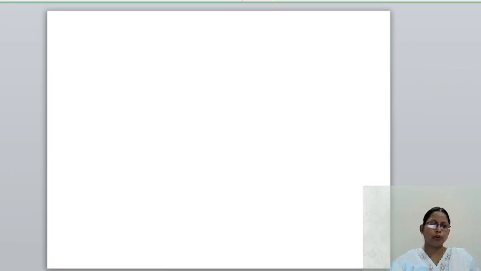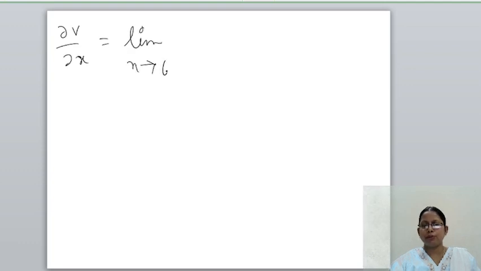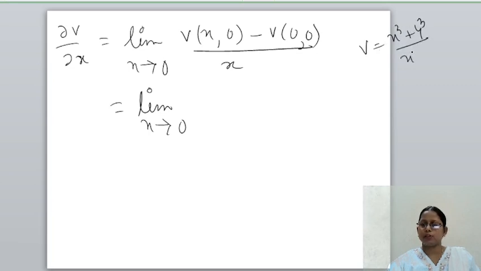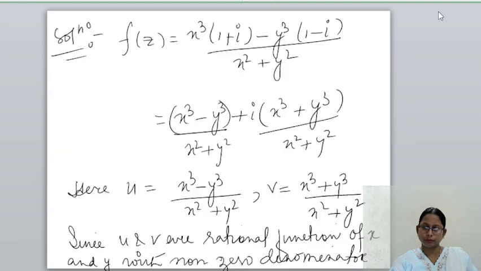Next, check the value of the partial derivative of v with respect to x and y respectively. First with respect to x, that is the limit x tends to 0 of (v(x, 0) minus v(0, 0)) divided by x. What is v? v equal to (x cube plus y cube) by (x square plus y square).